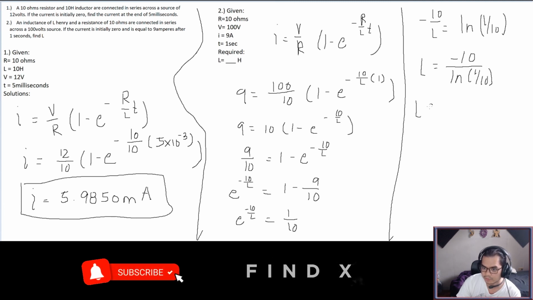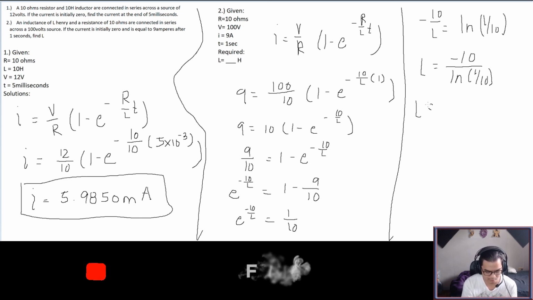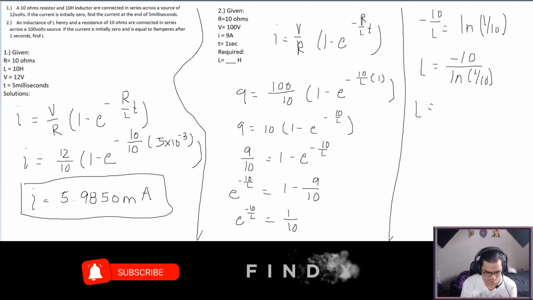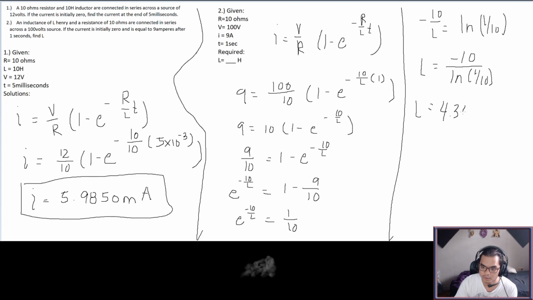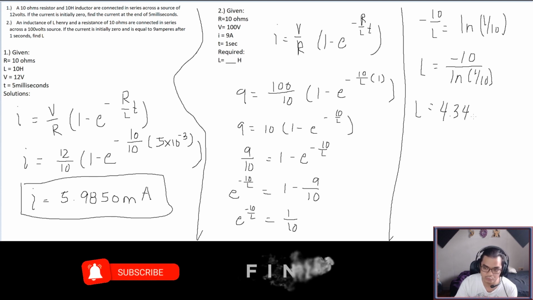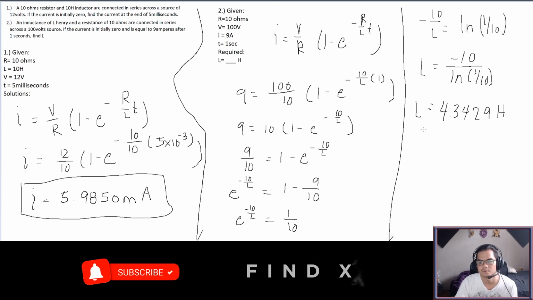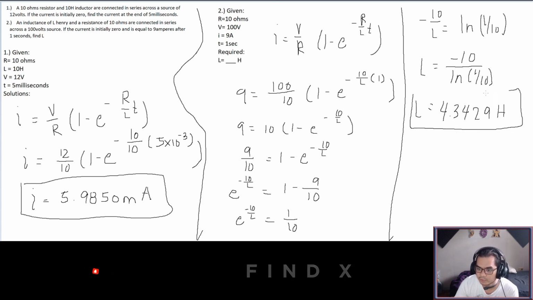So let's try this out in our calculator again. That's negative 10 over ln of 1 over 10, that's 4.3429 Henry. So that will be your answer.